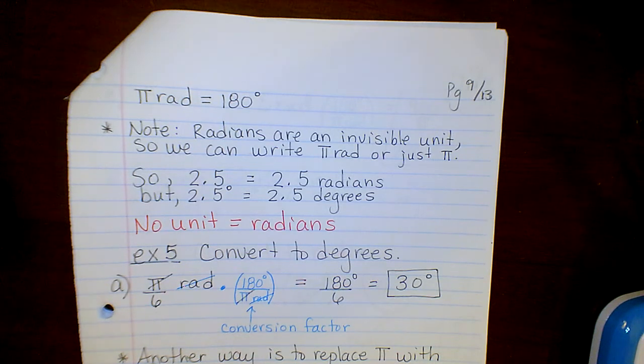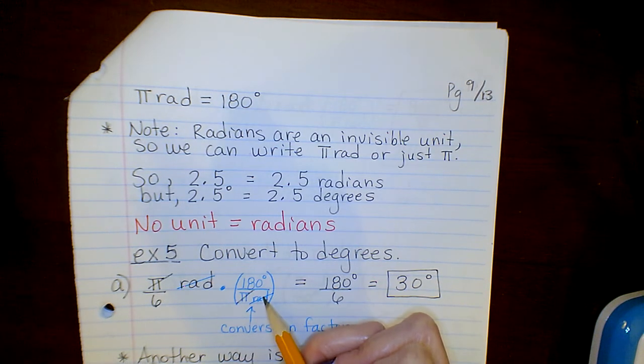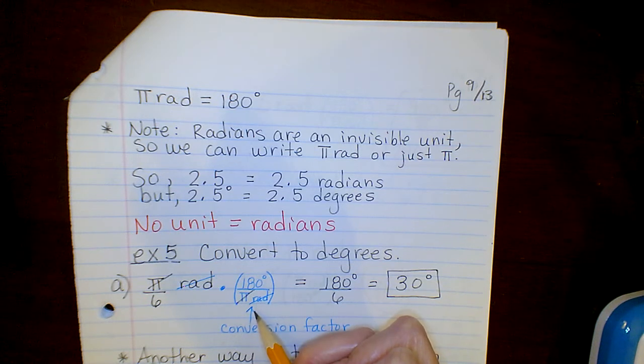All right, so if we're going to convert to degrees, we can do this either by using a conversion factor, or there's a shortcut. I'm going to show you the conversion factor first. A conversion factor is basically something that you multiply by that is 1. It's something over itself. And we know that in multiplying by 1, we don't change the value, we just make it look different.